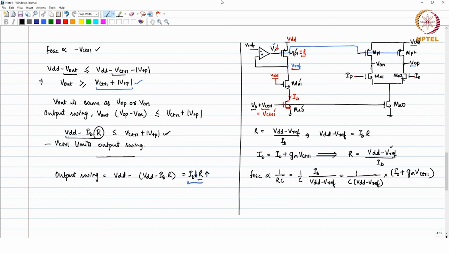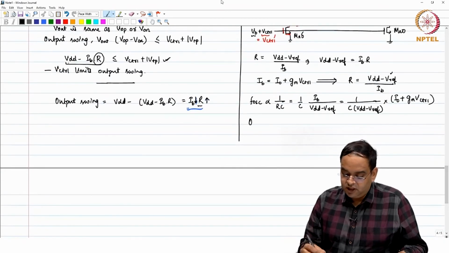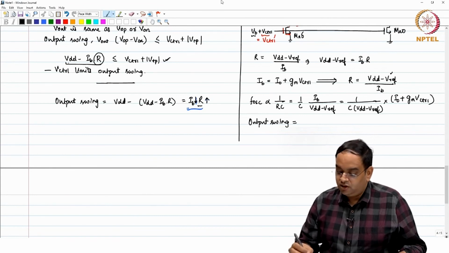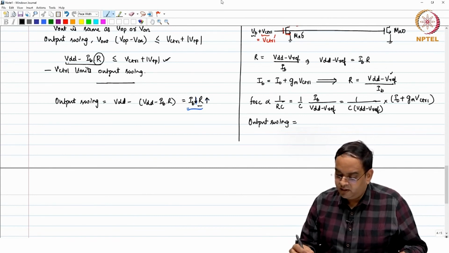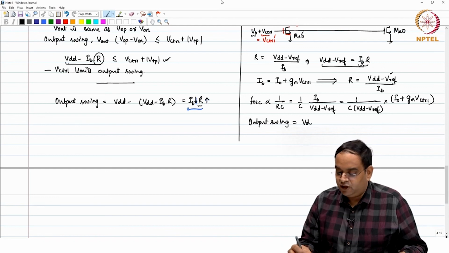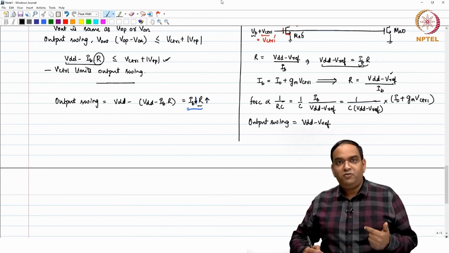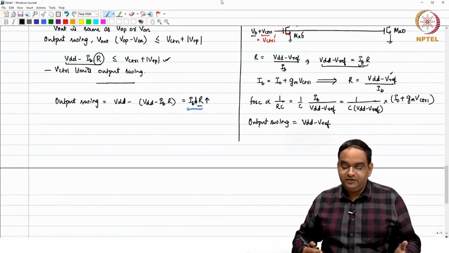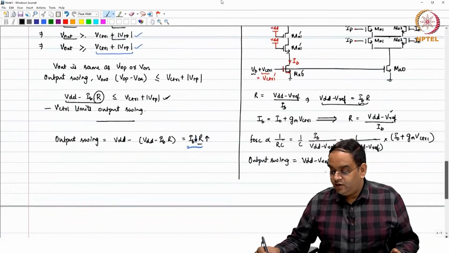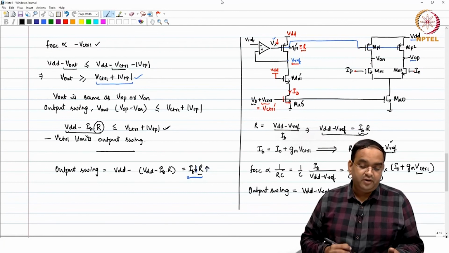And your output swing is equal to IB times R, and IB times R is fixed, VDD minus Vref. So, now you have an oscillator whose output swing does not vary with the output frequency, and you can vary the output frequency by applying a control voltage here.